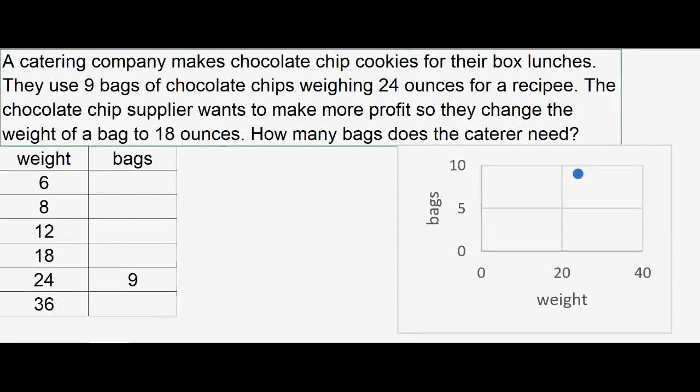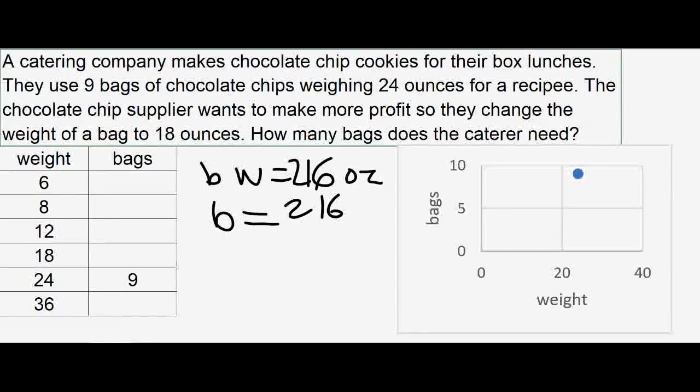So I took the number of bags times the weight has to equal 216 ounces. If I want to know the number of bags, I take 216 and I divide by the weight.